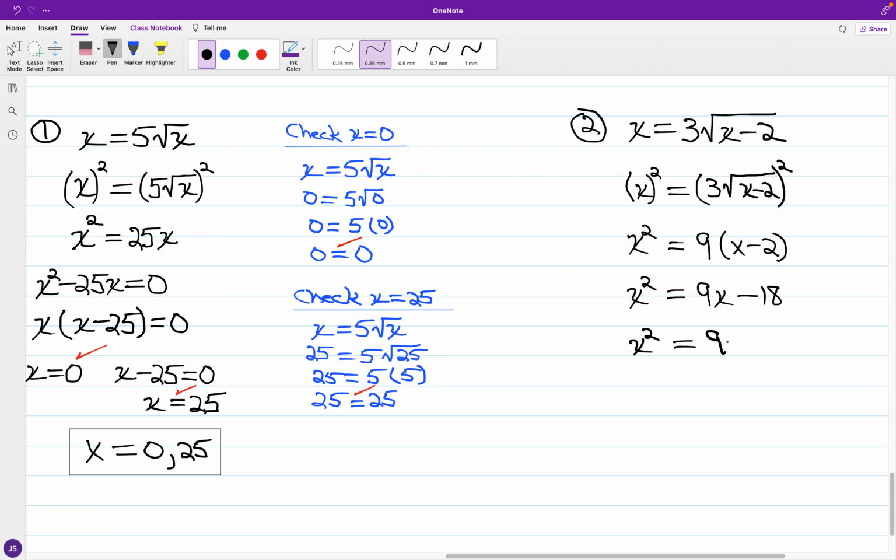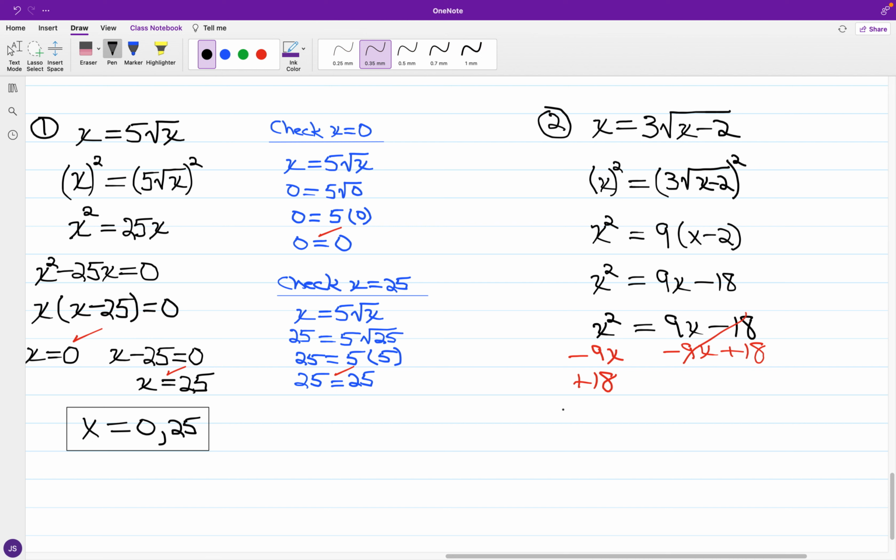Again, we have x squared by itself, and across we have the first order x term and the constant. So if I move the 9x and the 18, for our quadratic equation we have the trinomial x squared minus 9x plus 18 is equal to 0, and we have a trinomial that can be factored.